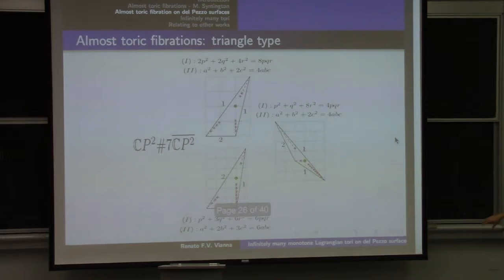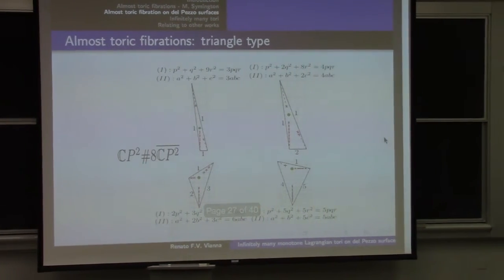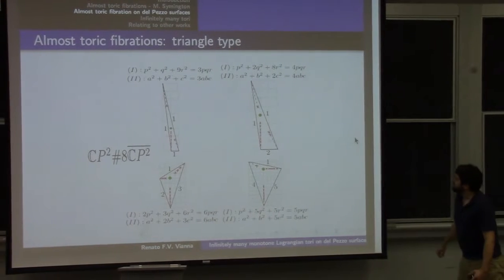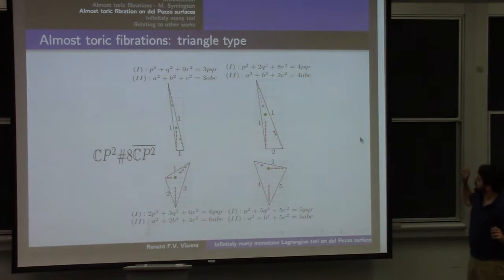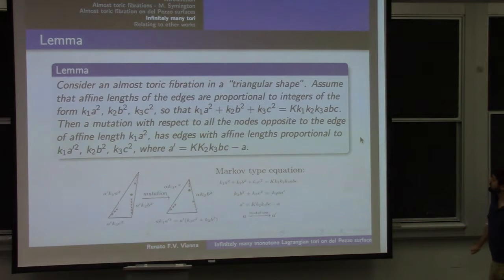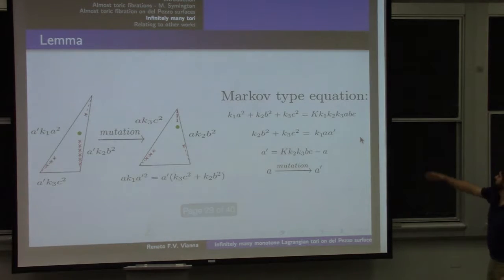You have 3 for the 7 blow-ups, and you get 4 when you go to the last del Pezzo surface. Okay, now how much time do I have? 15 minutes. So, okay, this is just writing the obvious thing.